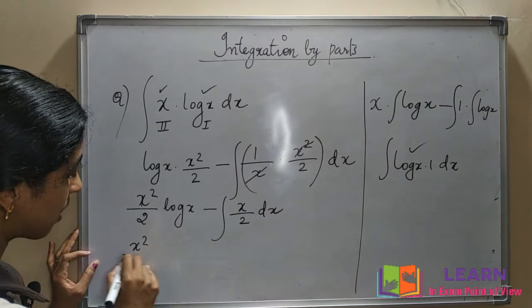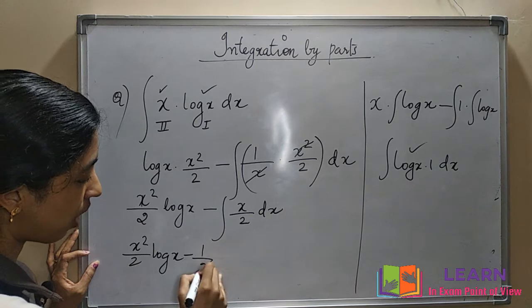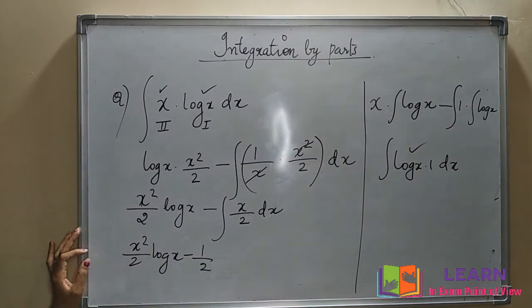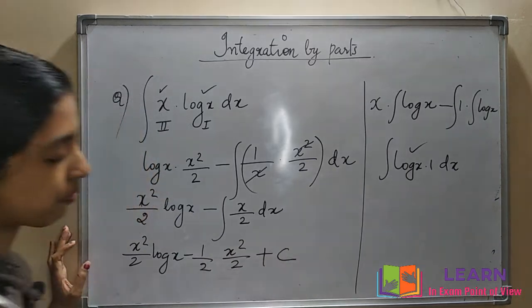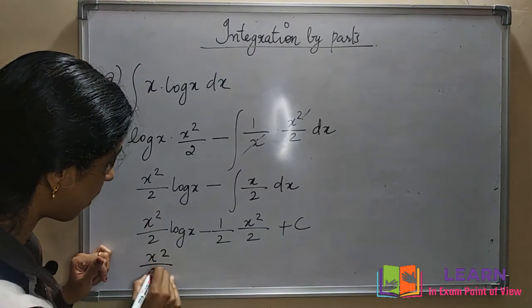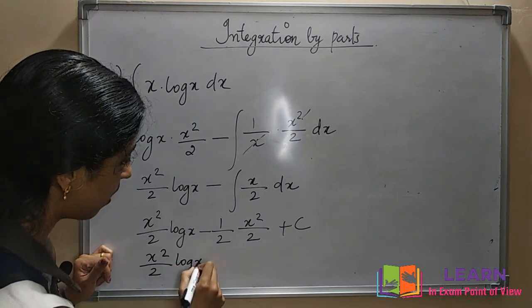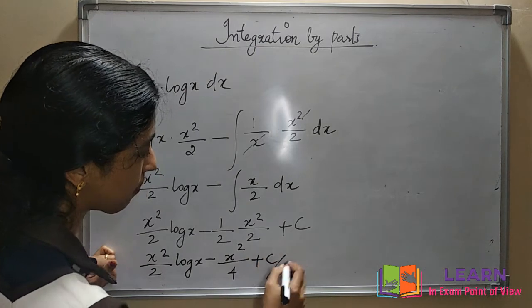So we have x square by 2 log x, take 1 by 2 outside, and integral x dx remains, that is x square by 2, plus c. So the final answer is x square by 2 log x minus x square by 4 plus c.